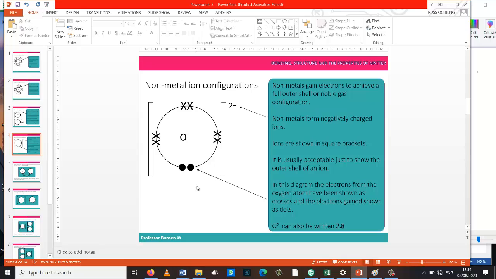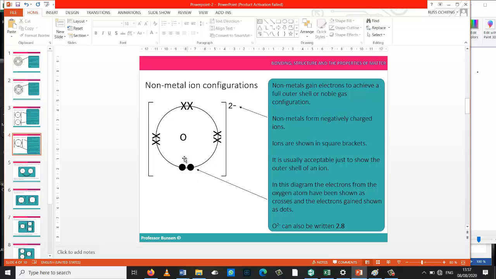How does oxygen react? Since it is a non-metal, oxygen reacts by gaining electrons. If the valence shell is occupied by 6 electrons, oxygen requires only 2 electrons to acquire the octet state or the stable state.